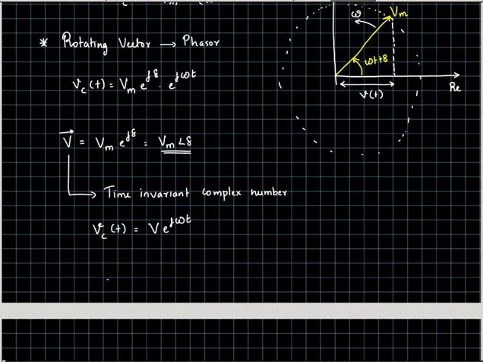And therefore, if you know the phasor V, you can calculate the time domain quantity also as the real part of the phasor V e raised to j omega t.